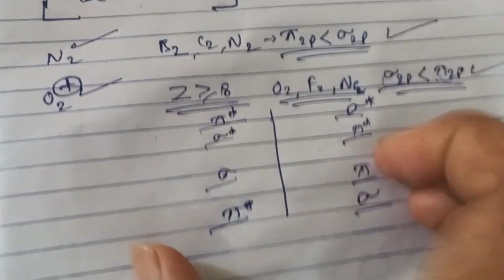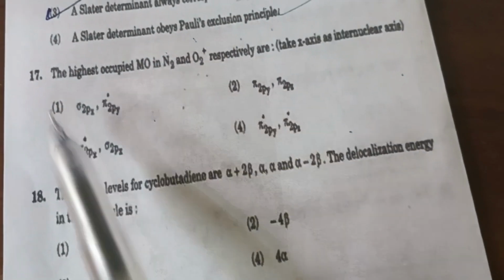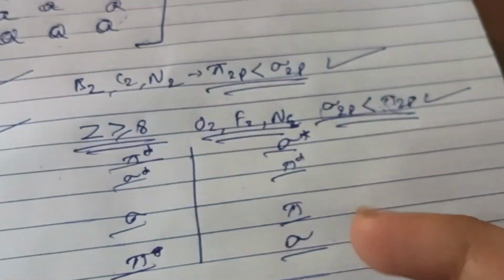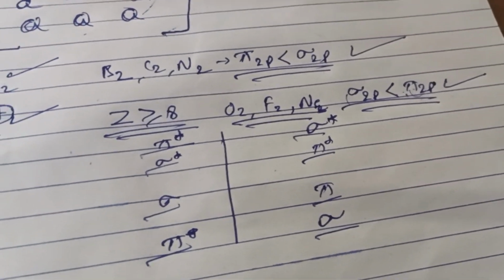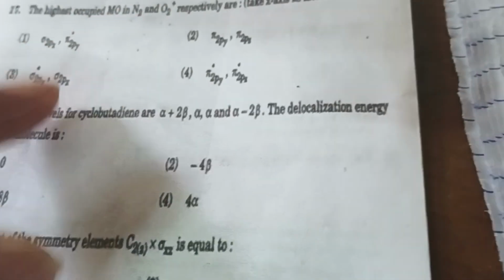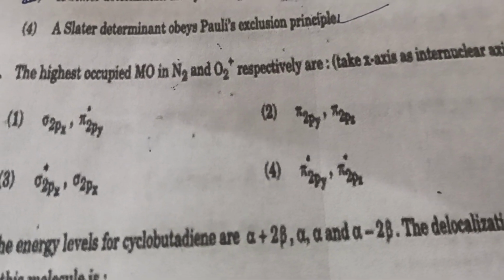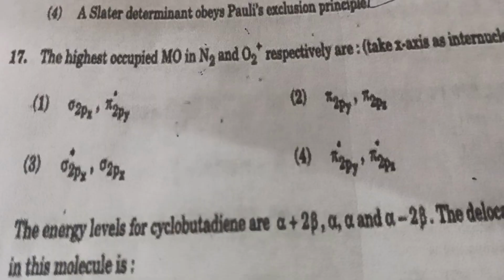Only by understanding this can you predict the highest occupied and lowest occupied states. Here they are asking about N2. For N2, sigma is higher, so the highest occupied orbital will be sigma 2px, and for O2 the highest occupied will be pi star 2py.